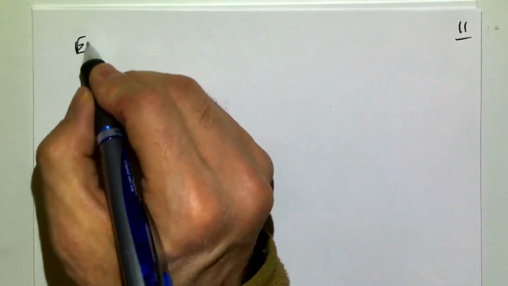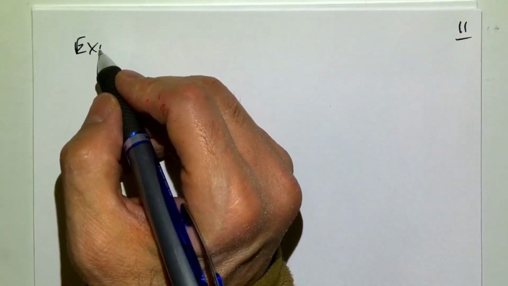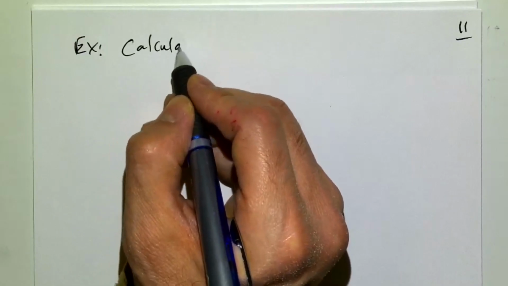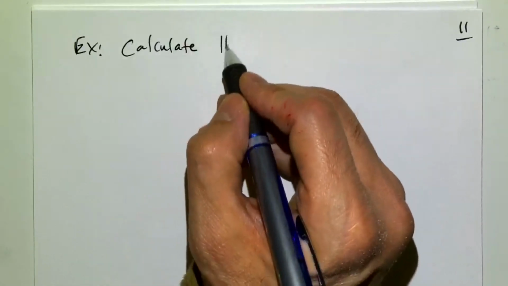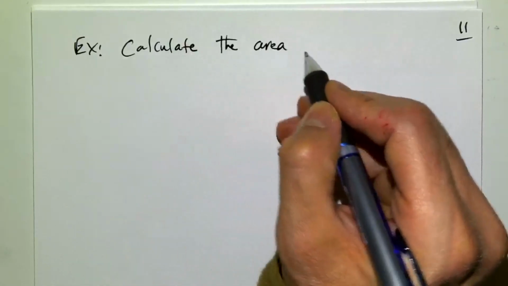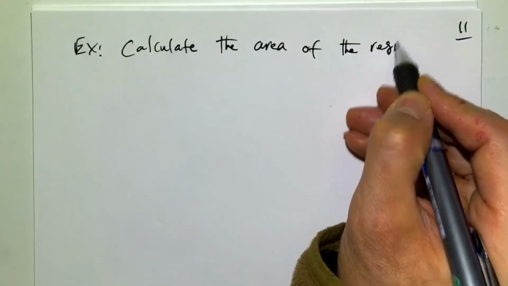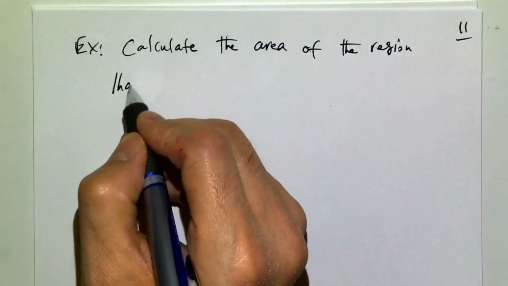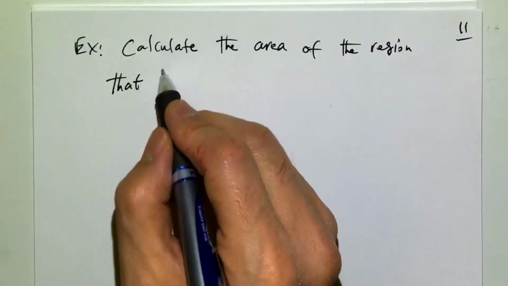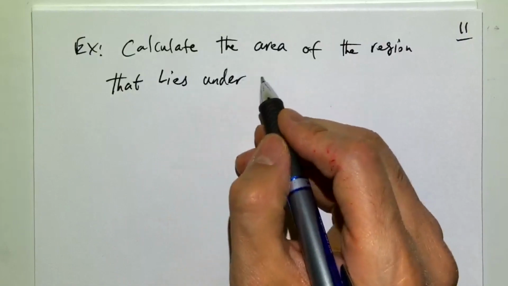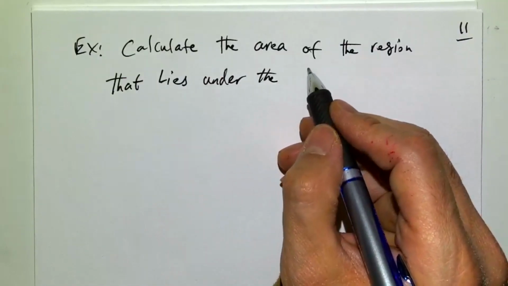So let's change the format of these examples a little bit. So here we want to calculate the area of the region that lies under the curve and above the x-axis.